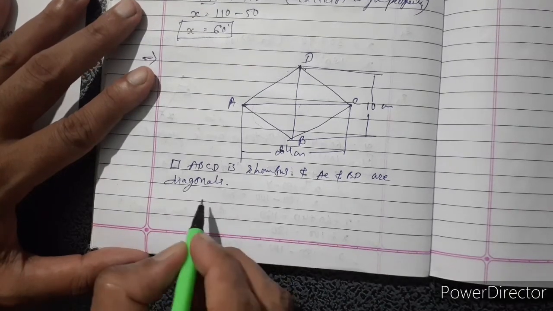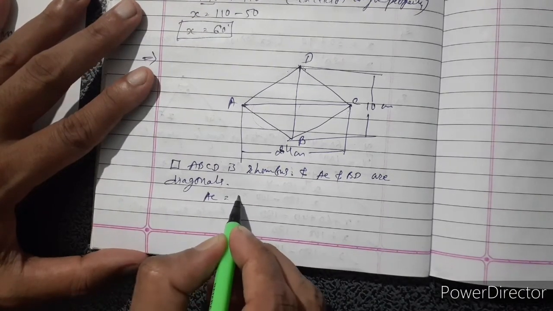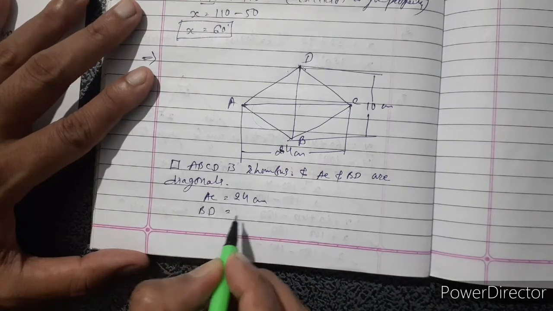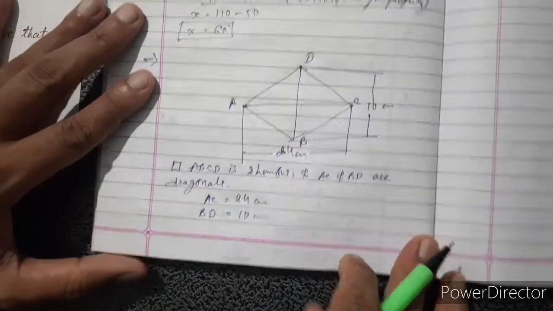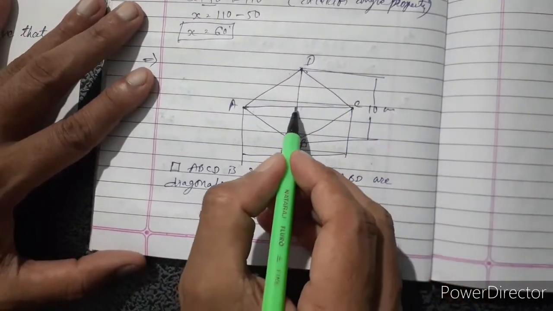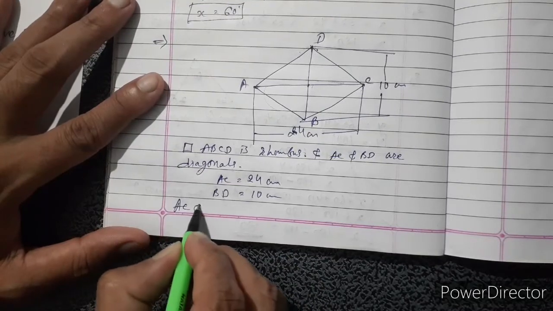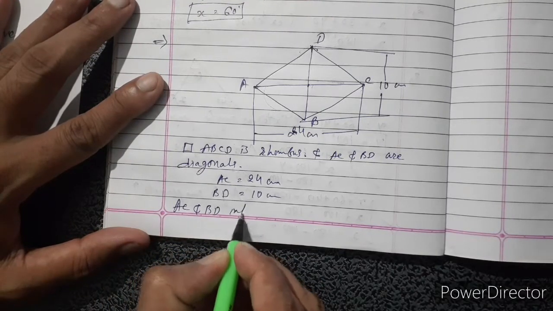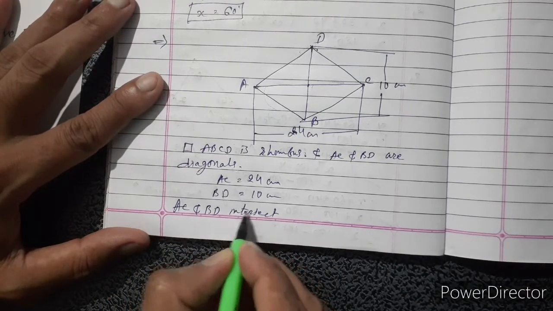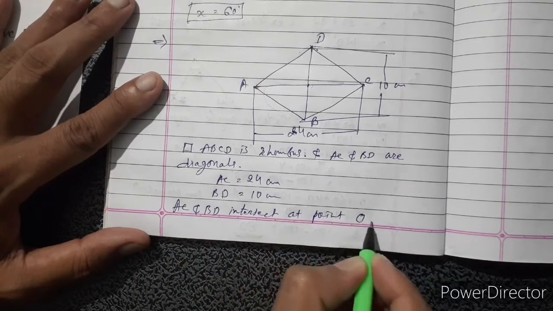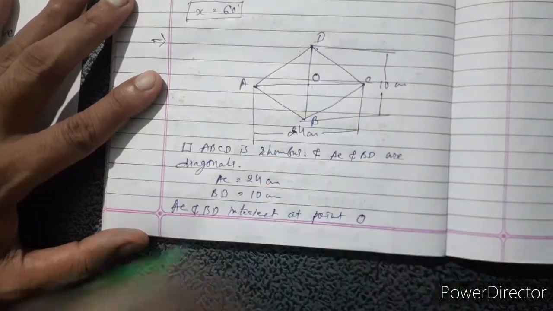And measurements are given, so you just write down AC equal to 24 cm and BD equal to 10 cm. Two diagonals are there. And both intersect at O. So write down AC and BD intersect at point O, and name that point as O.